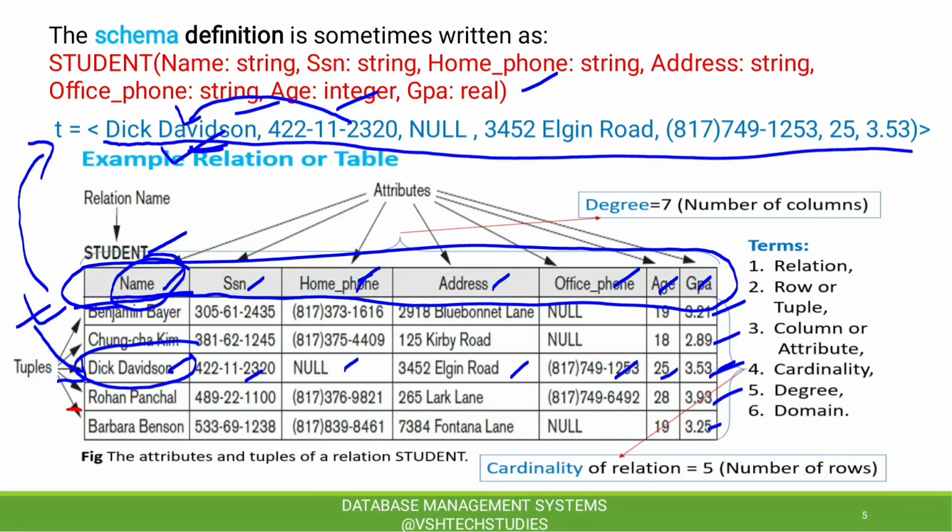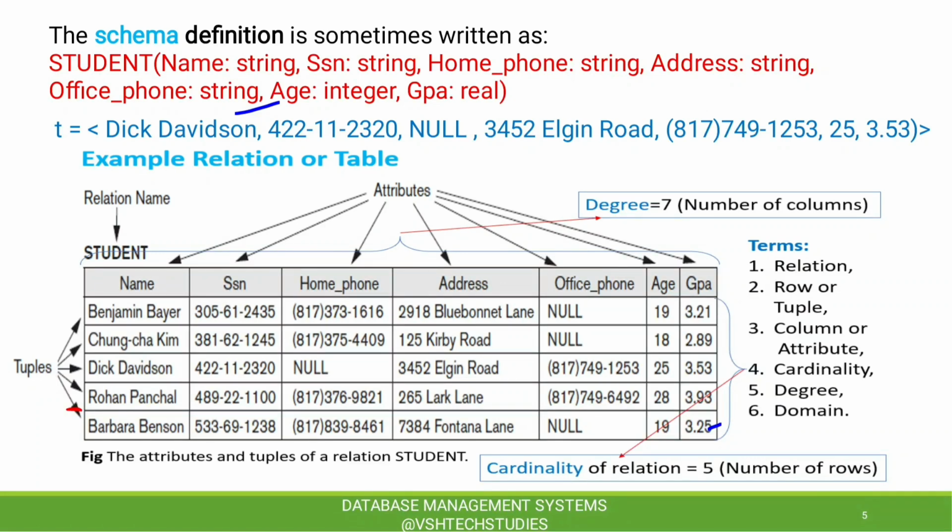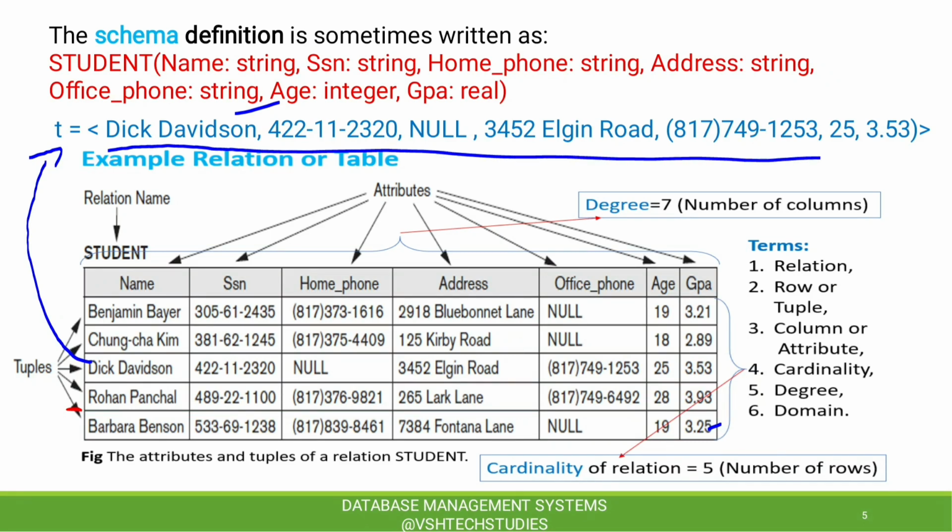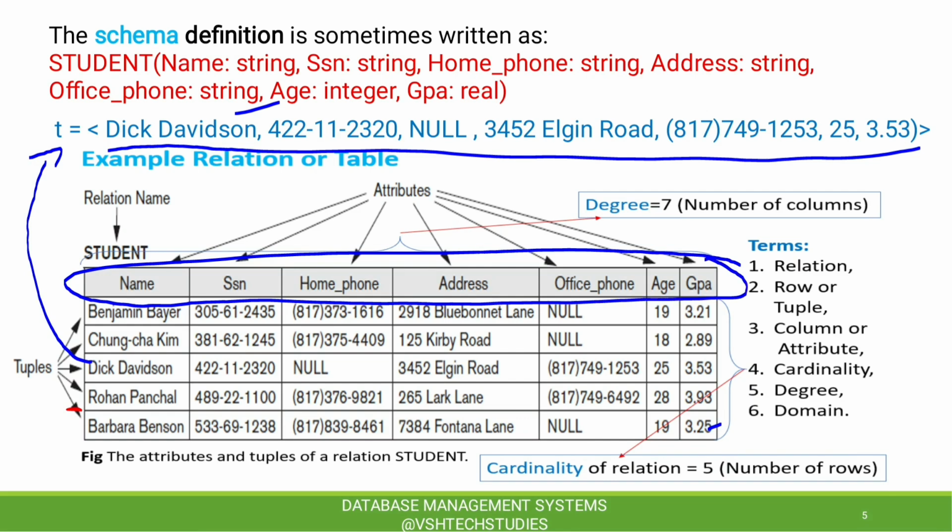That is why, according to the ordered list of values, this tuple T can be written like this. This is one representation. All the attribute values are written in the same order as the attributes or column names present in the relation schema. That is one representation where order is important.